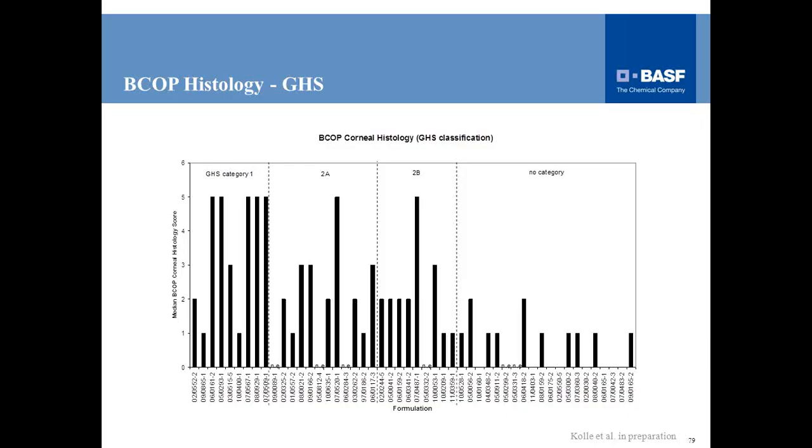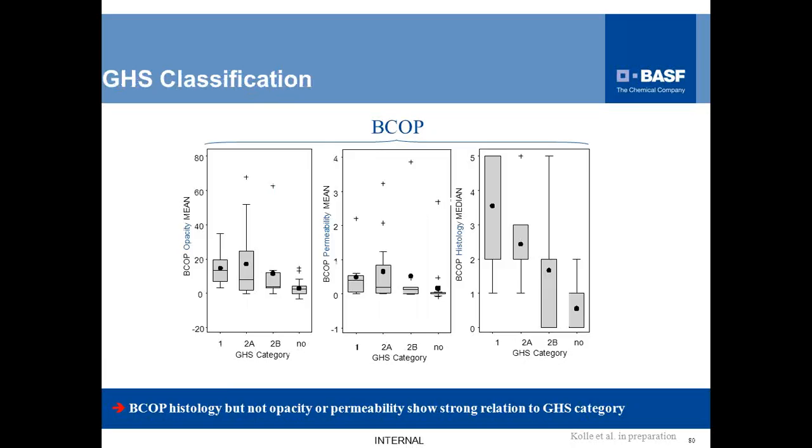As you can see from this summary, it looks like the histology has quite good predictive capacity. All the category 1s are more severely affected in terms of histology grade than the ones in category 2A and 2B, and the ones that are non-irritant according to GHS are found in the very low categories.